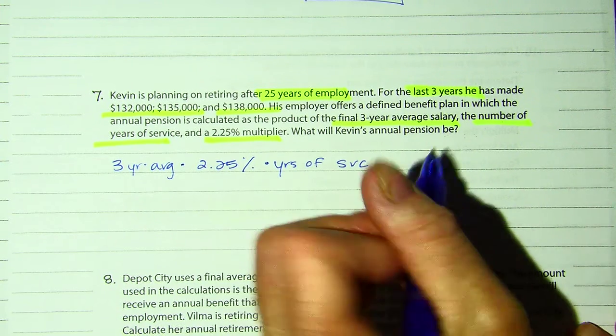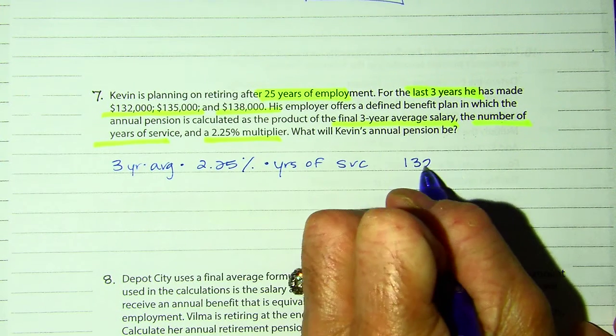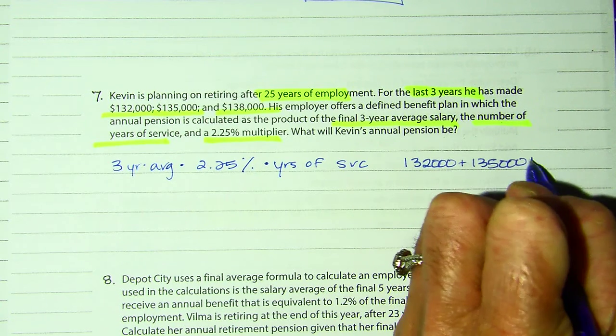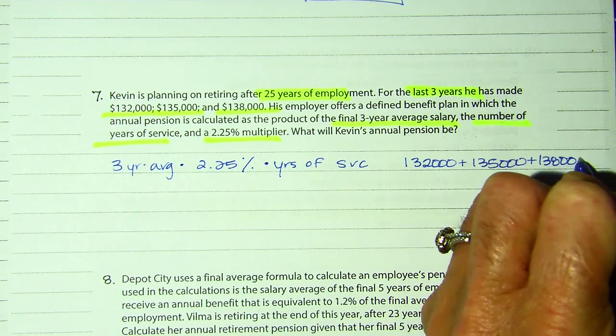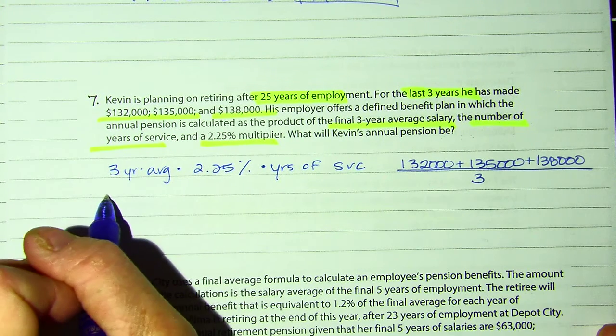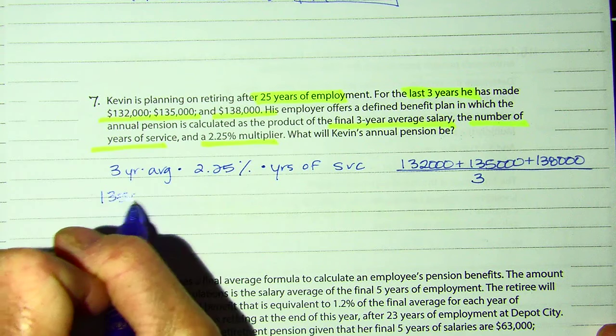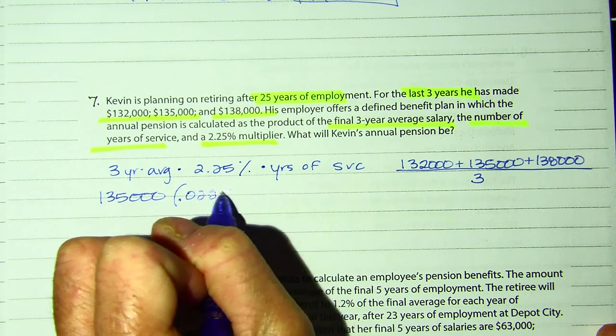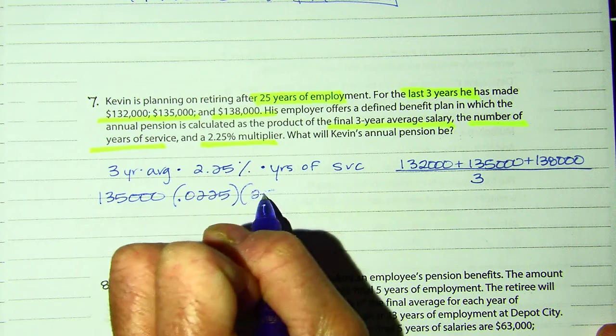So let's find his average. 132,000 plus 135,000 plus 138,000 divided by 3, and I get his average salary is 135,000.